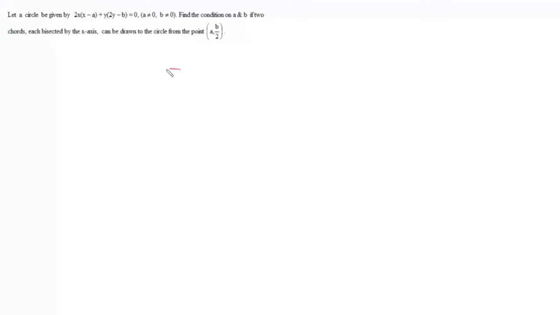So we have this circle whose equation is 2x square plus 2y square minus 2ax plus by equals 0, and we also have this point (a, b/2) which lies on the circle.